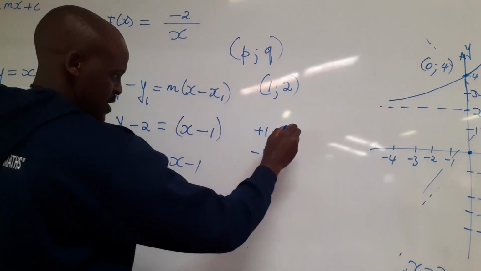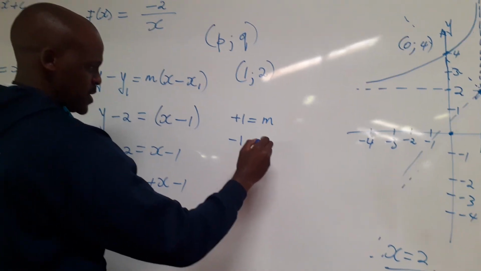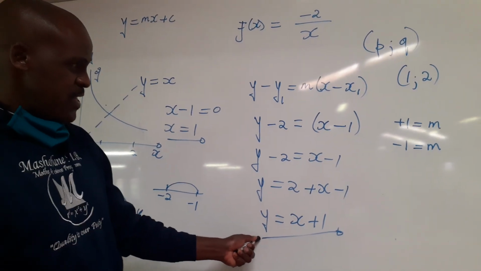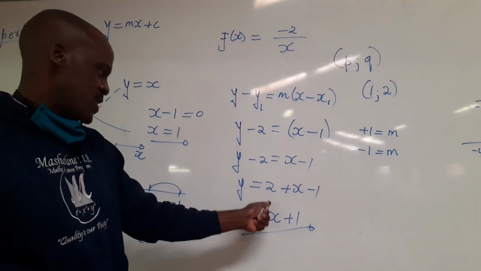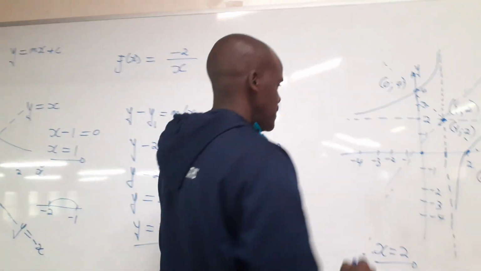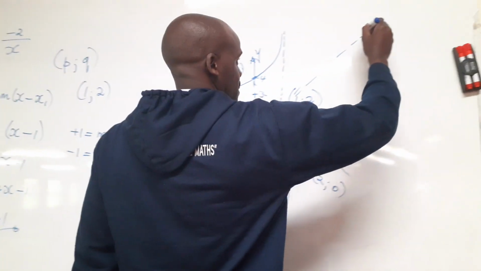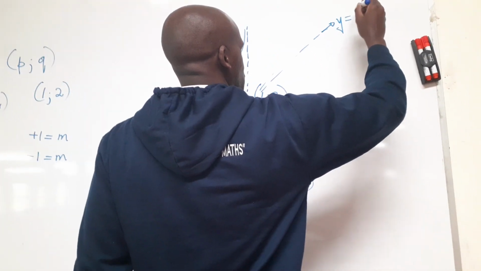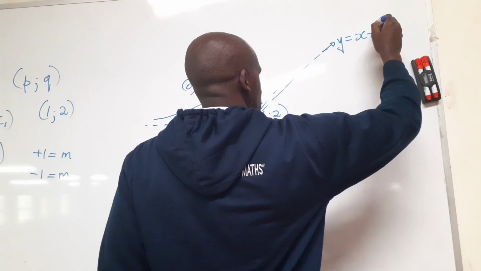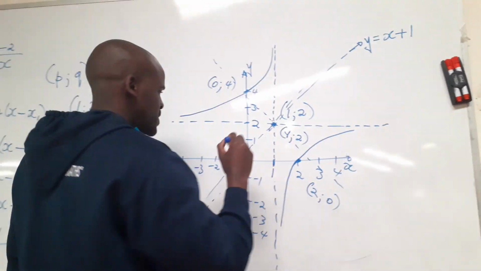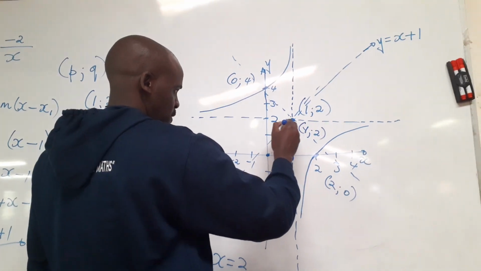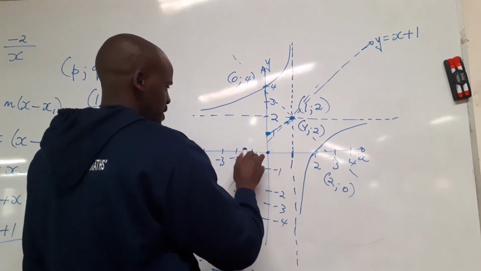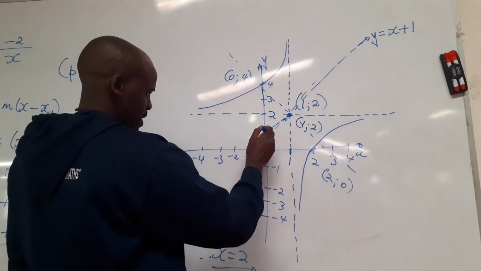So this line is given by y equals x plus 1, which means the y-intercept for this line is at 1, so it goes like that.